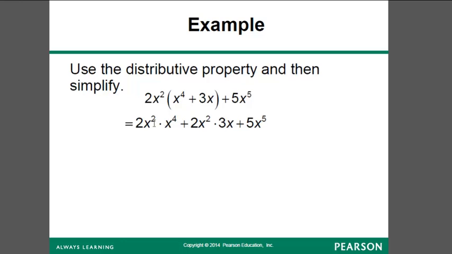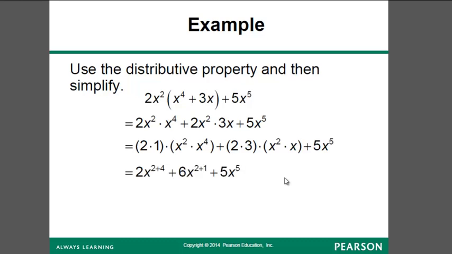Now then, for here, I will multiply the coefficients, 2 times 1, and x squared times x to the 4th. Do the same thing here, 2 times 3, and x squared times x. I'll simplify as much as possible. This is 2. I add the exponents. 6, I'm going to add the exponents.